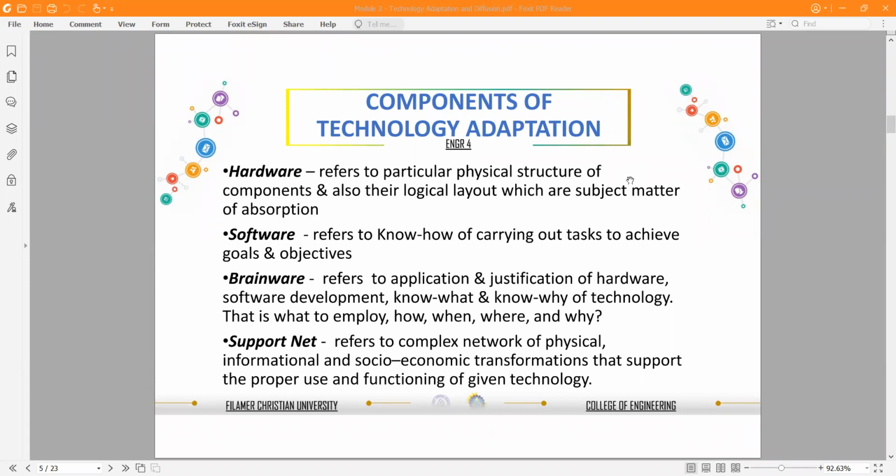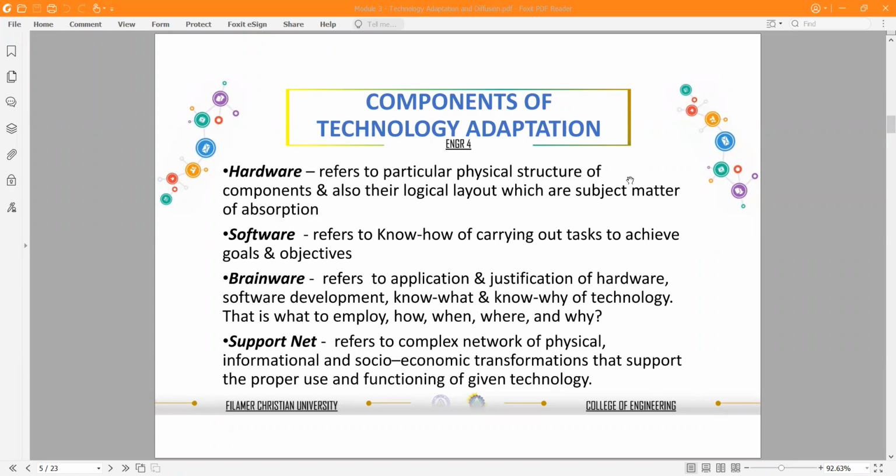Then we have the software component. So this refers to know-how of carrying out tasks to achieve goals and objectives. So meaning naka-focus siya sa parang mission vision. Yan. And we have the brainware. Yan. So ano yung brainware naman?